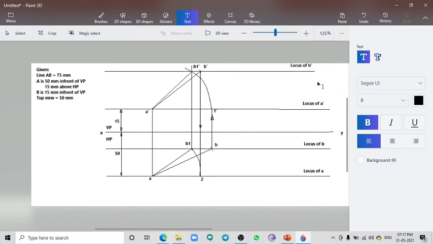Finally we have to write, this is your front view, this is going to be the top view, and all dimensions are in mm. For this particular sum we have to write the result: front view equal to 60 mm for me. Okay, thank you.